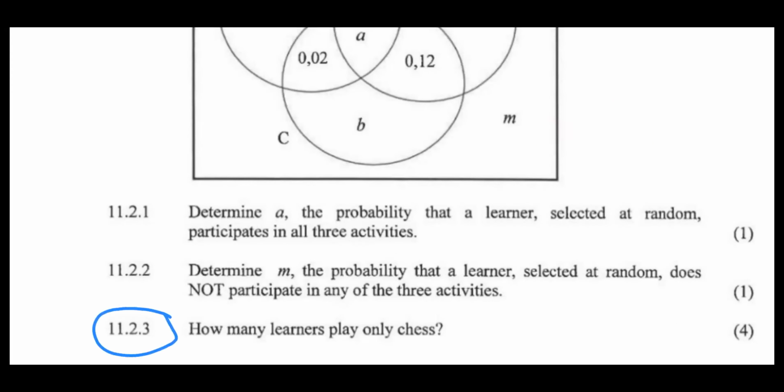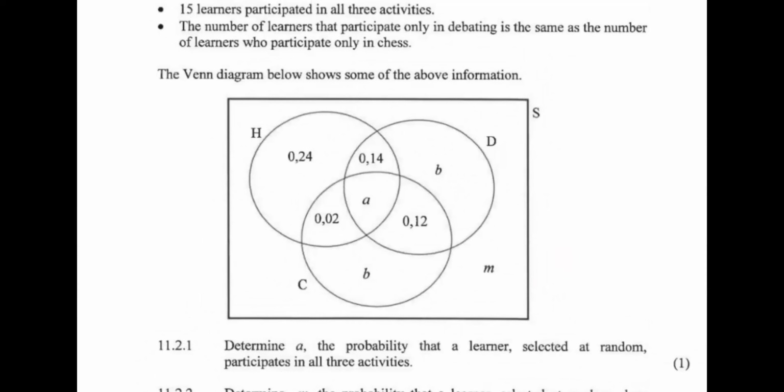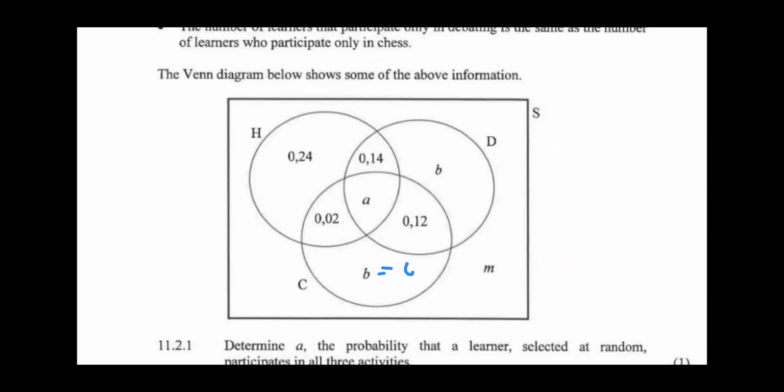Okay, so this one says, how many learners play only chess? Only chess? That's B. But they're not asking us for the probability. They're saying how many learners. So we know this is now equal to 0.04. How many learners is 0.04? That 0.04 is the probability of a learner, if you randomly select, playing chess.